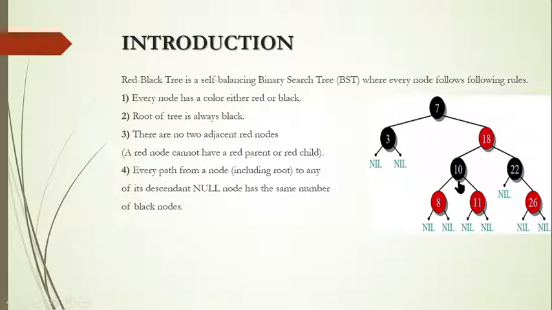Now you can see 10 is the parent for 8 and 11, but you can see red color. Remember, these are the leaf nodes. The leaf nodes can either be black color or red color. But any node that you're inserting newly should be in red color. Since we don't have any other node to be followed here, 8, 11, 26 are the recently inserted nodes. So we are keeping this in red color.